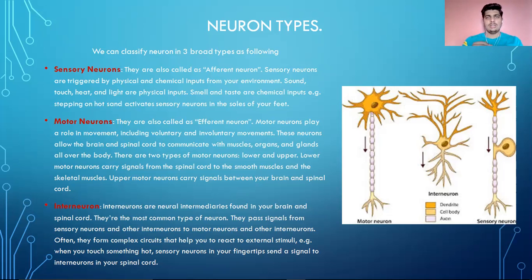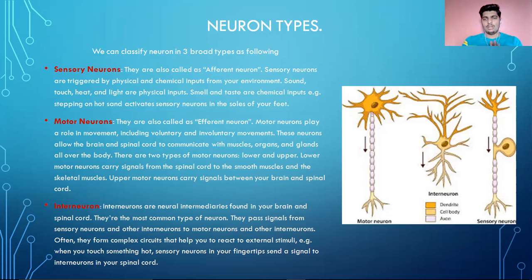It sends the message to the brain to consider its hotness, and decide whether to stay on it or retract your leg from there. So these are basically sensory neurons sending signals regarding some change in the environment. Now we have motor neurons. These are also called efferent neurons. That was afferent, and this is efferent.